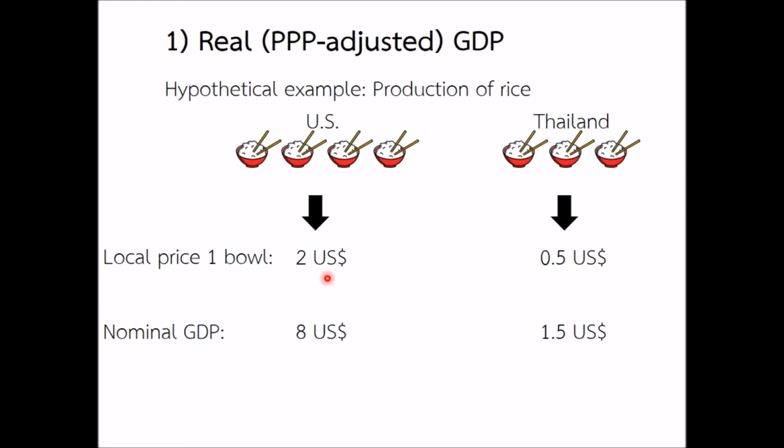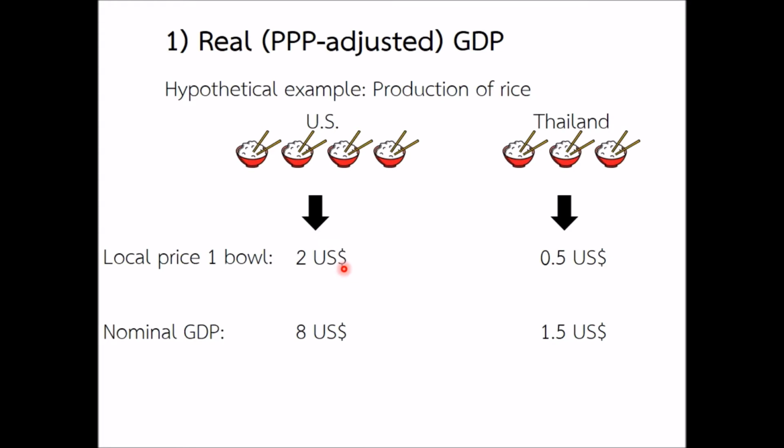Let's assume that the price of 1 bowl of rice in the United States is $2, and the price of 1 bowl of rice in Thailand is $0.5. This is a realistic assumption in terms of the relative difference in prices, because if you buy food in the United States, the same food will be more expensive than in Thailand, simply because the price level is different.